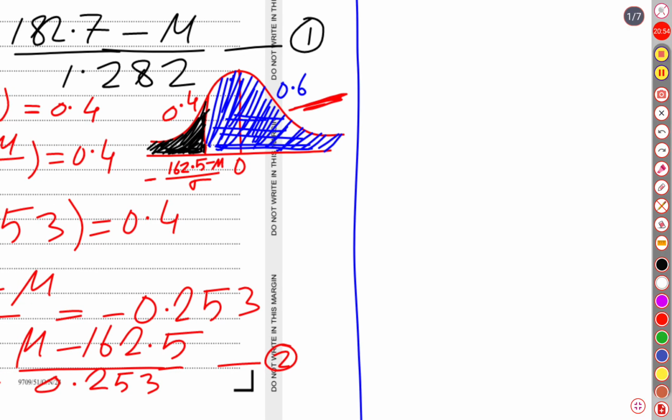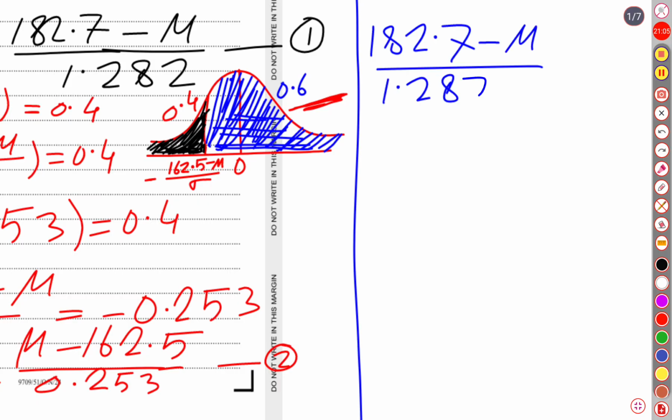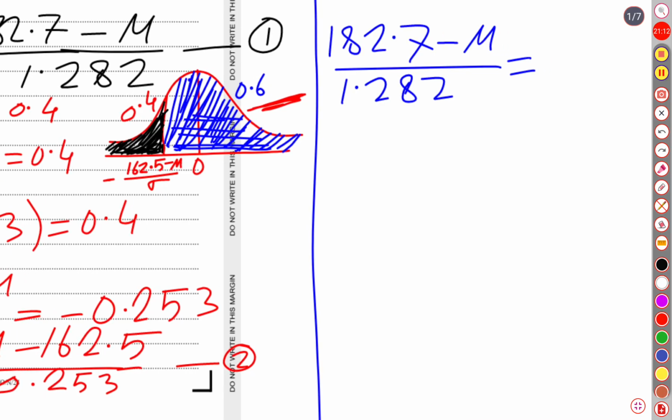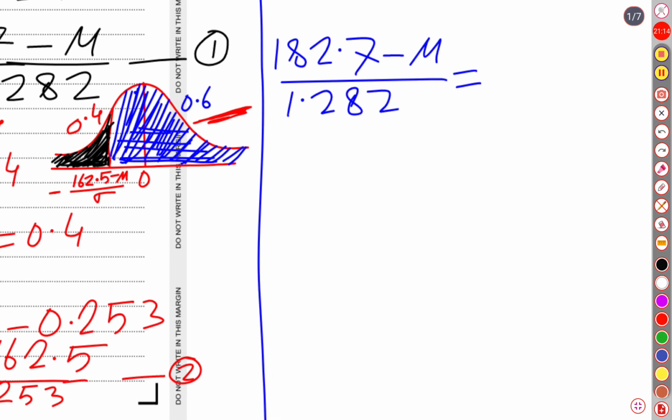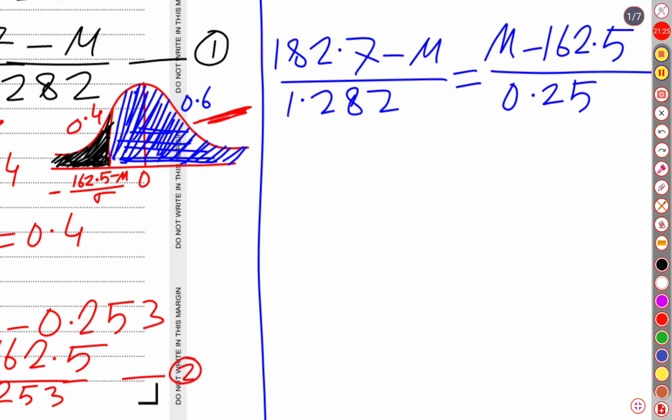Let me show both equations together. The first equation is 182.7 minus mu over 1.282, equal to the right side of the second equation, mu minus 162.5 over 0.253.